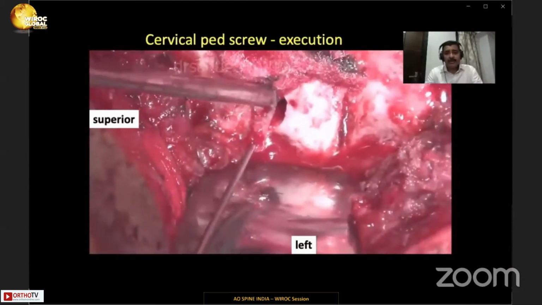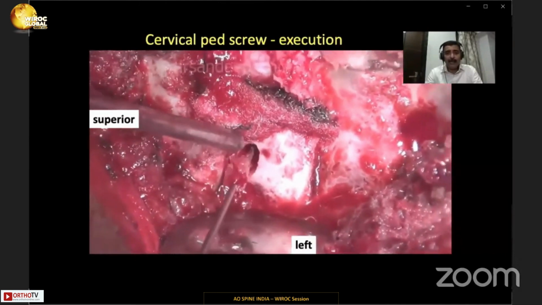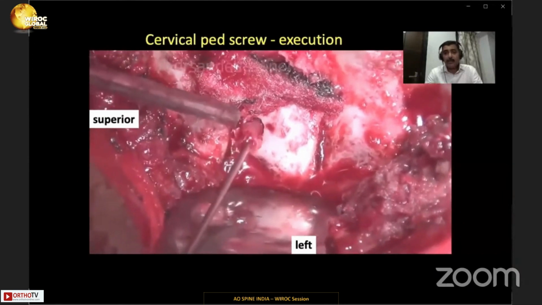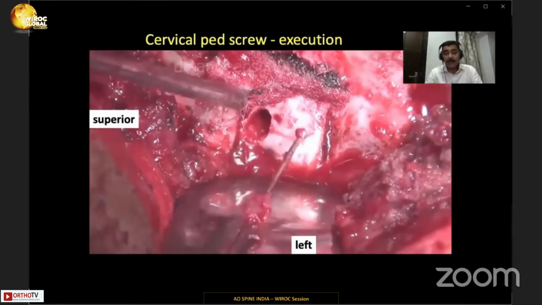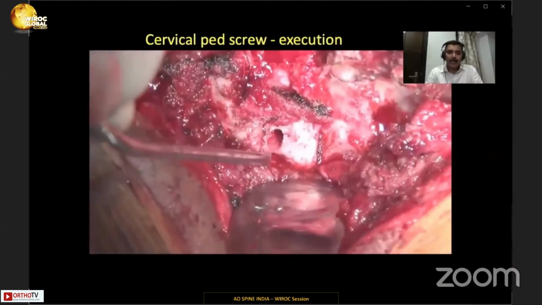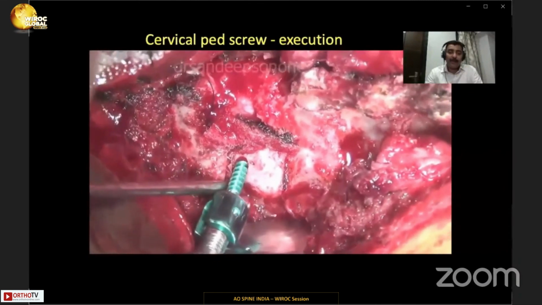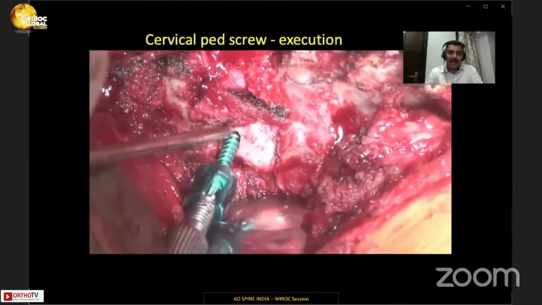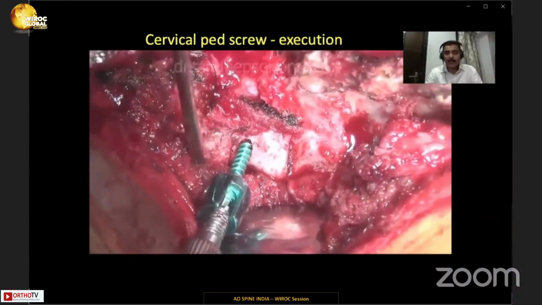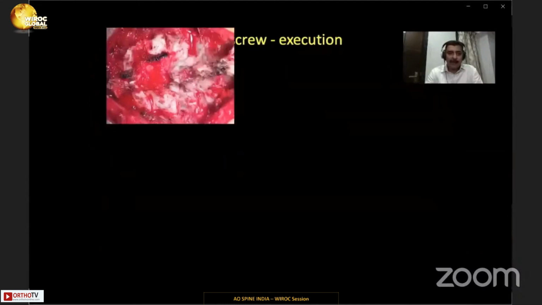We need to check the standard 5 points: the medial wall, the lateral wall, the superior and inferior walls, and the anterior cortex. I usually prefer the screws right up to the anterior cortex because it gives me a very good hold. And again, while putting in the screw, it's extremely important that you have enough lateral retraction, pressing down and anteriorly on the lateral structures so as to allow you a good amount of medial angulation.